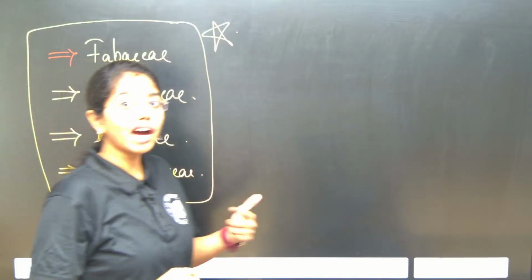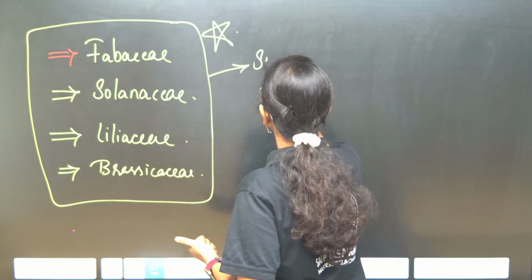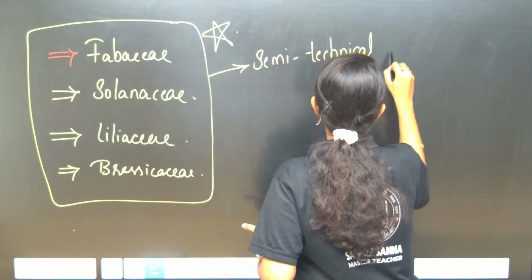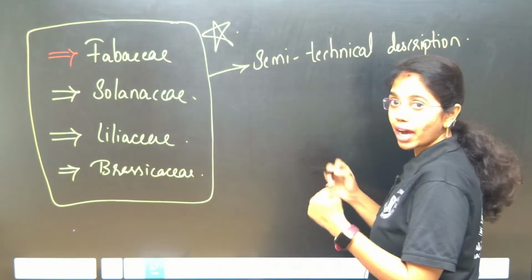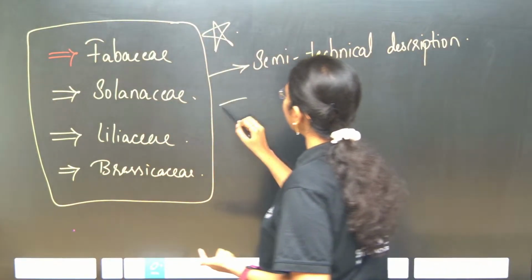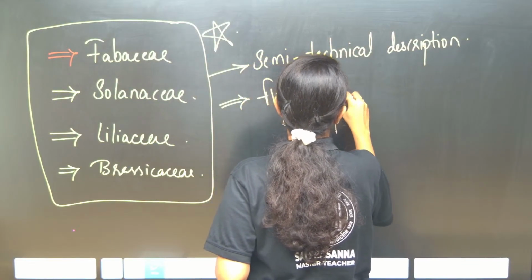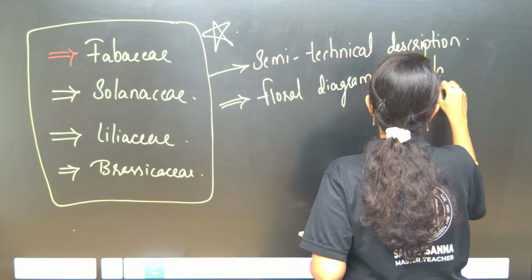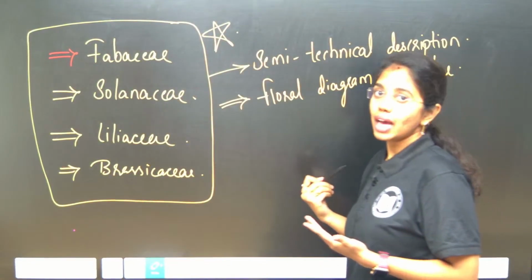In families also, how do you have to start your preparation? First you should know the semi-technical description. First you have to be aware of the semi-technical description, and then you have to go with floral diagram and floral formulae, and then you have to go with the examples.